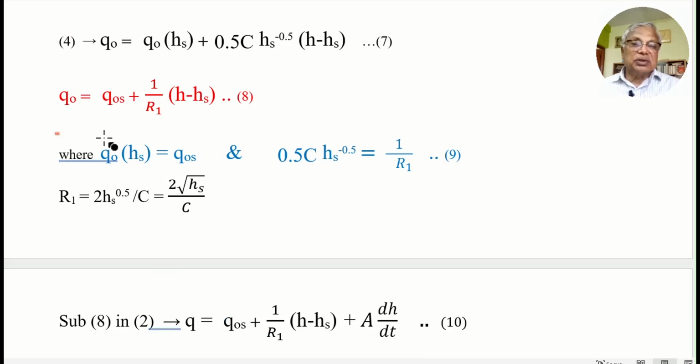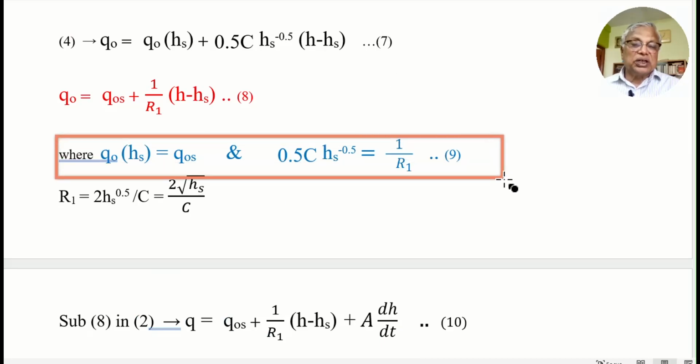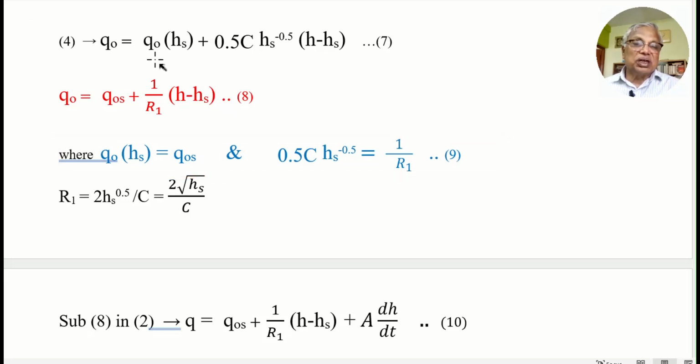So I used these notations in equation 7: Q naught at h's I call Q naught s, and this I call 1 by R1. If 1 by R1 is this, then R1 is this.